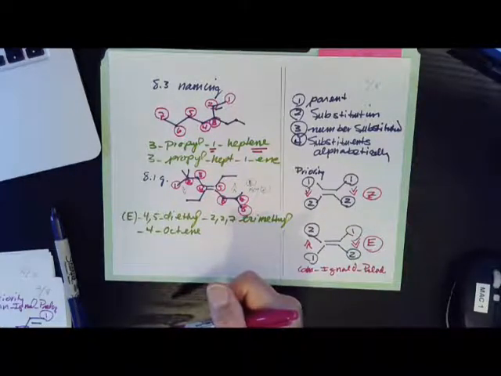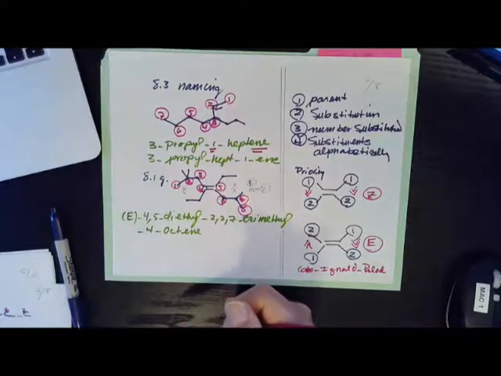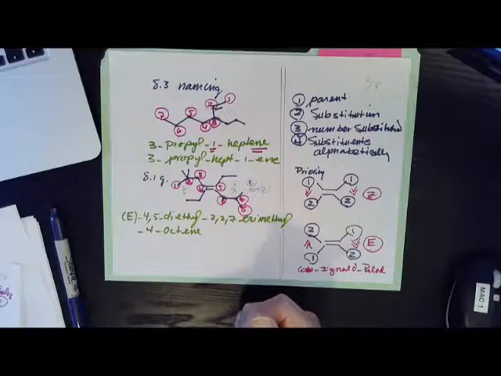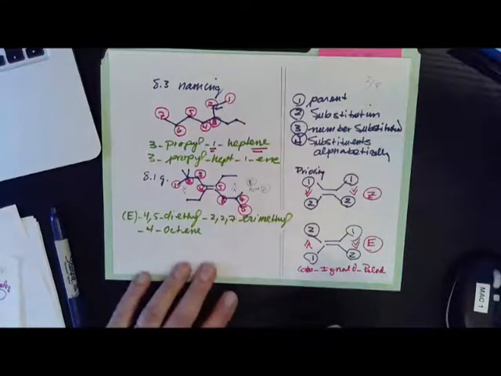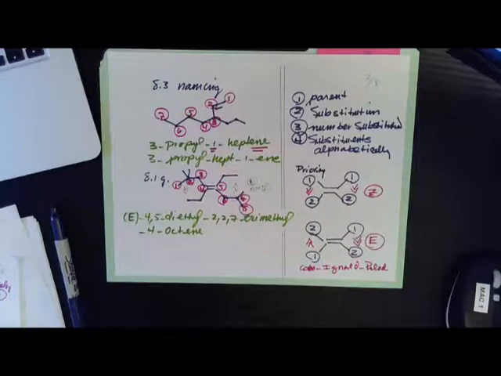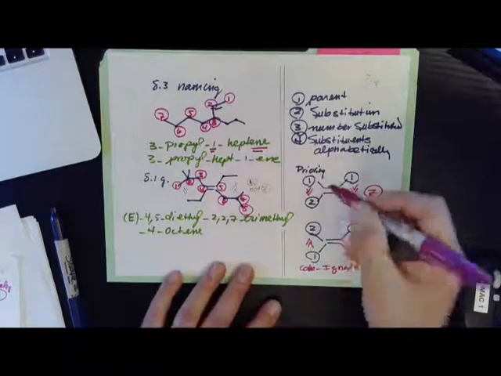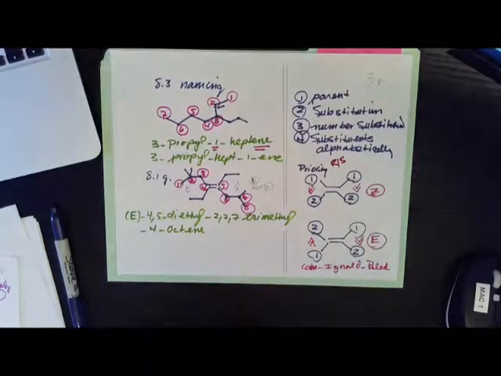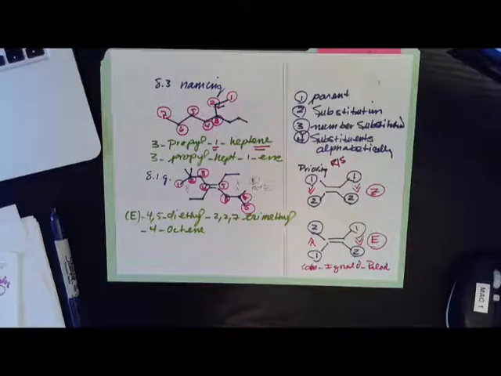Now let's talk a little bit about E and Z. Remember we also had E and Z in the previous chapter, and cis and trans. So we need to go back and look at the priority we learned in the RNS system.